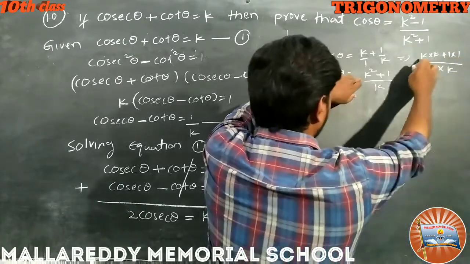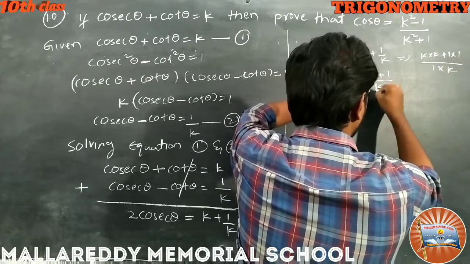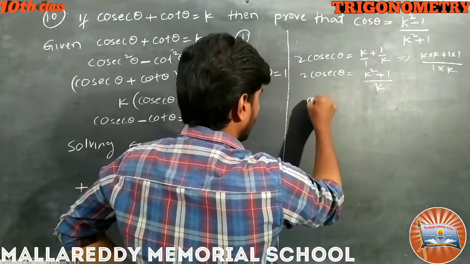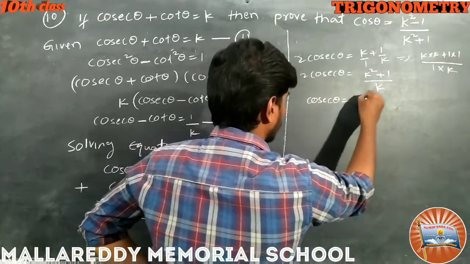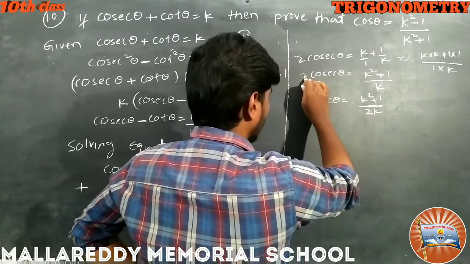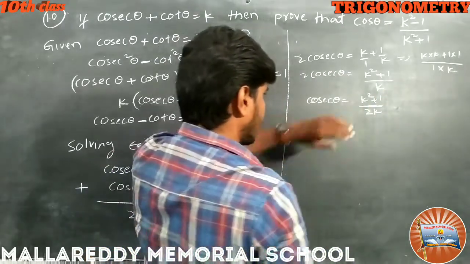In the next step, k into k square plus 1 into 1 by 1 into k as it is. So cosec theta is equal to k square plus 1 by 2k. This 2 transposes to the RHS side. So this is the cosec theta.